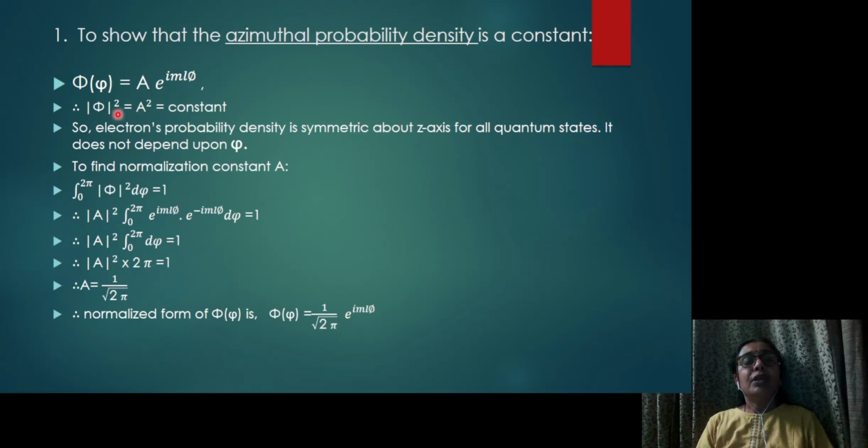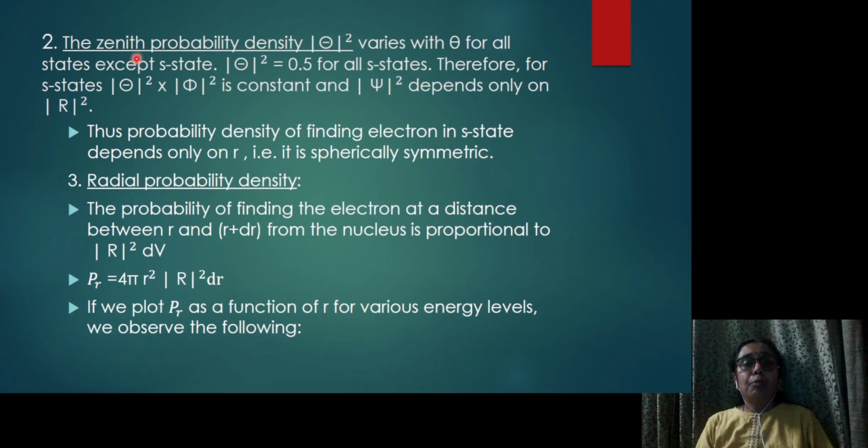So one thing is clear, that the azimuthal probability density, mod phi square, will be equal to 1 upon 2 pi. Now what is the zenith probability density? That is mod theta square.